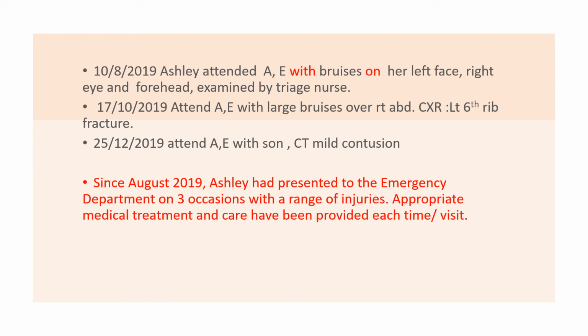So these 3 visits, we need to summarize them for the recipient, to give only the information that the patient had attended the E&E frequently with a range of injuries, and we want to give him a hint or a clue to understand that it might be domestic violence. So to summarize these 3 visits, we can write it as since August 2019, and when we write since, we will use present or past perfect.